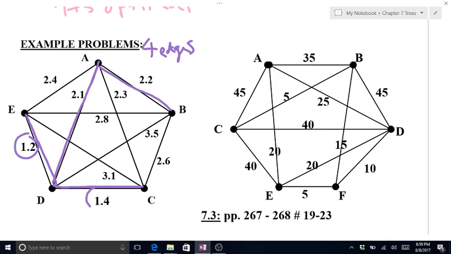So we would add all these up. That's 6.9.